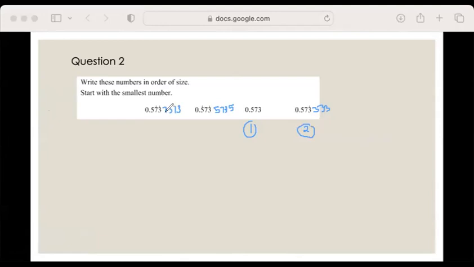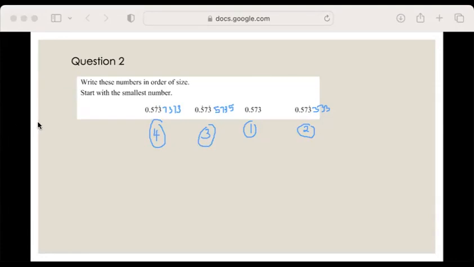And 0.5737, 0.5735 here. So this is the third one. And this is the largest number out of all of these. All are 0.573, but based on which decimal place is recurring, we can say this is the lowest, this is the second, this is the third, and this is the fourth, right? Okay, I hope you understood that question.